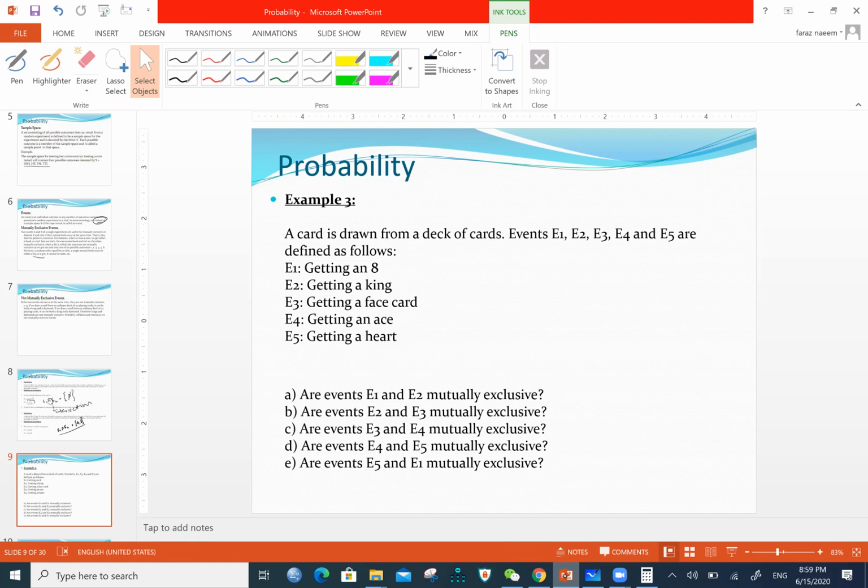One by one, I will ask everybody. Let me see in the participants. Okay, number one, Tiffany, you are at top. Tell me, E1 and E2 are mutually exclusive or not?